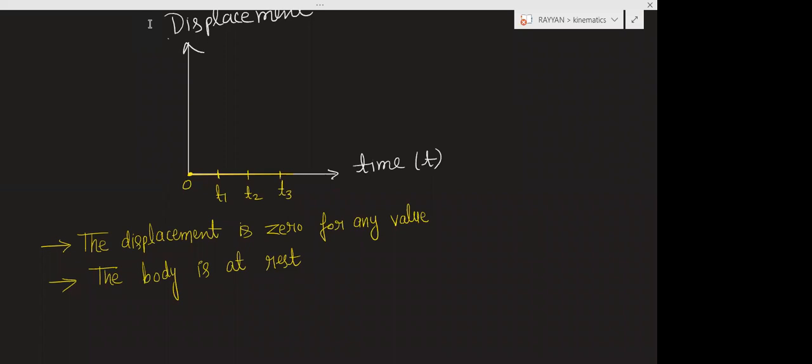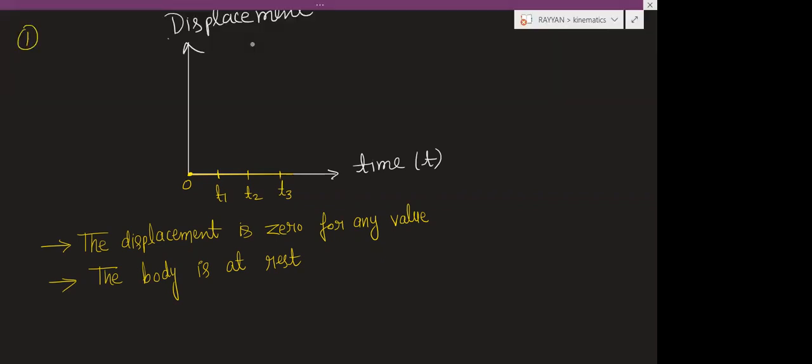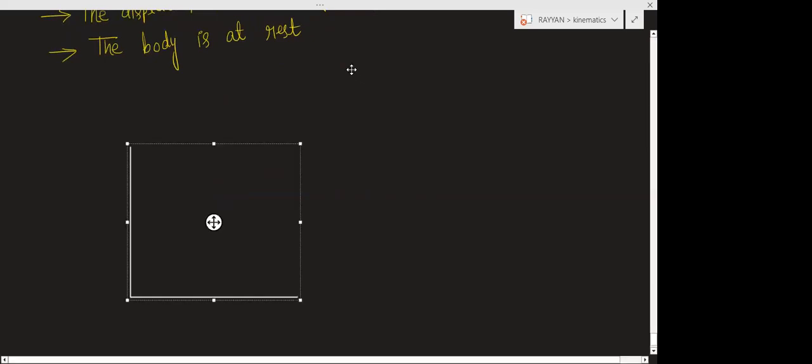Now another type of graph we will discuss. This is the first type of graph. Second type of graph we will discuss. So here the displacement and here the time.